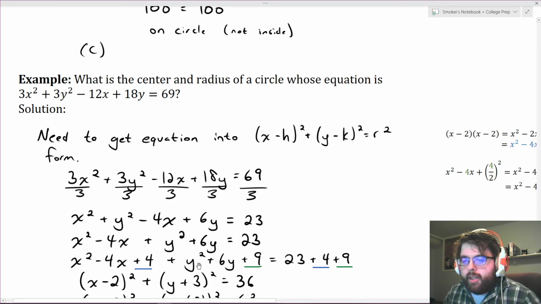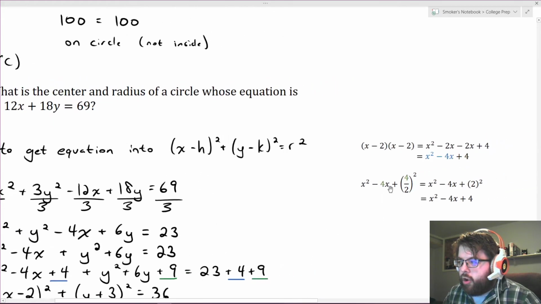And the whole reason we did that is because once we add those numbers, we now have two groupings, x squared minus 4x plus 4. That grouping can be rewritten as x minus 2 squared. So whatever that number was that you took half of and then squared, that half is what you're going to put here. And if you wondered how this goes to that, let's just look over here.